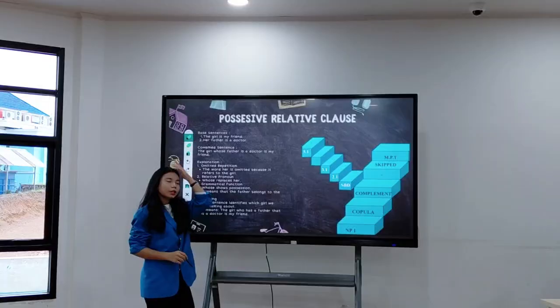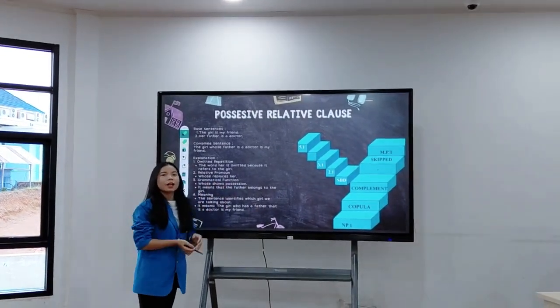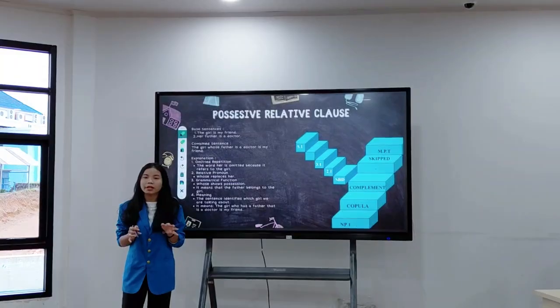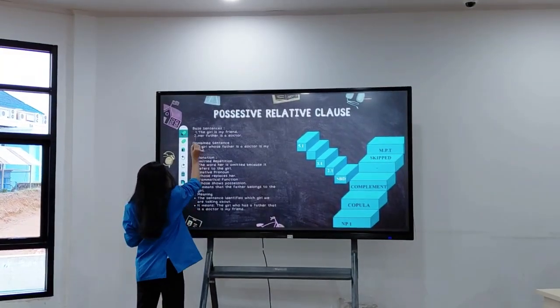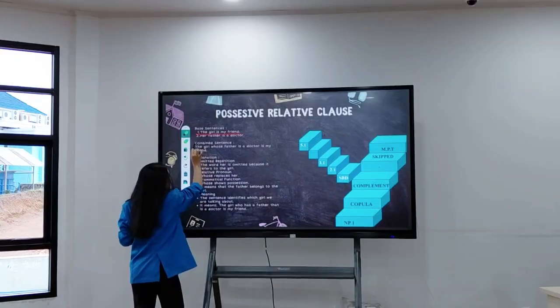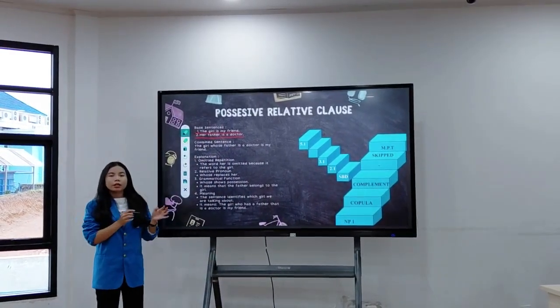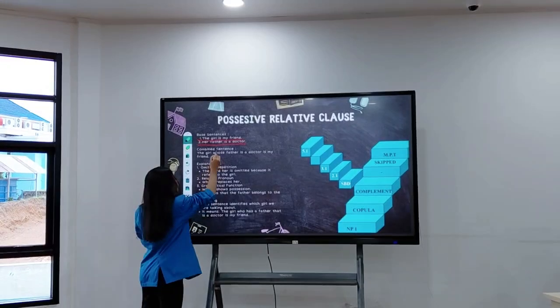Now let's move to the possessive relative clause. We have two simple sentences. The first one is the girl is my friend. The second sentence is her father is a doctor. And the word her here refers to the girl.